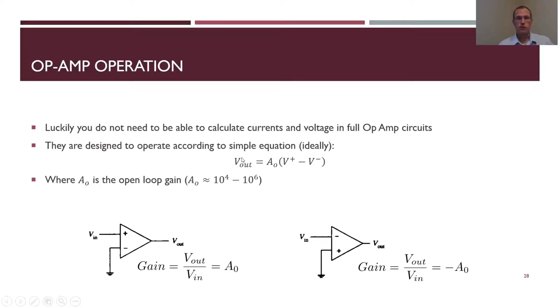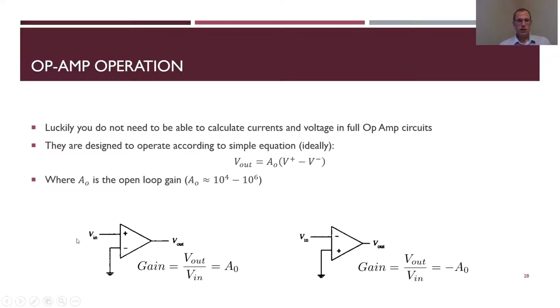My output voltage is some open loop gain factor, A0, times (V plus minus V minus). Essentially, the difference between the positive and negative inputs, V plus and V minus, whatever that voltage difference is, times this gain factor gives you the voltage coming out.